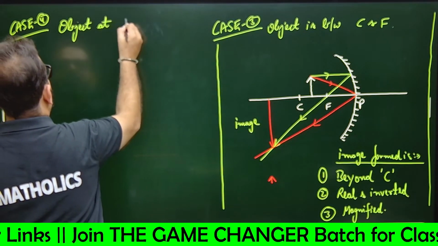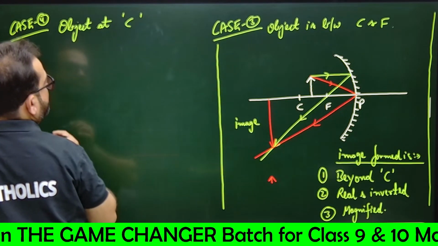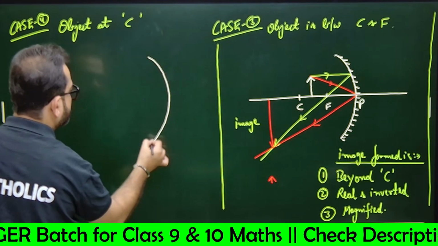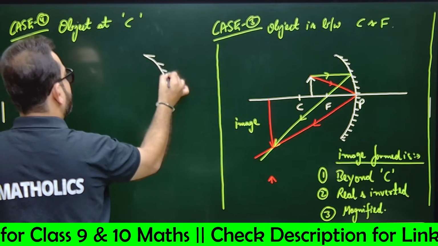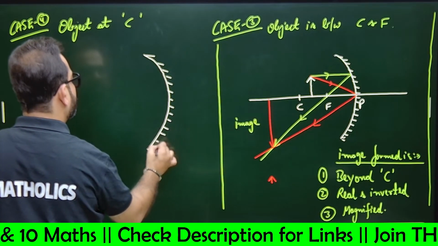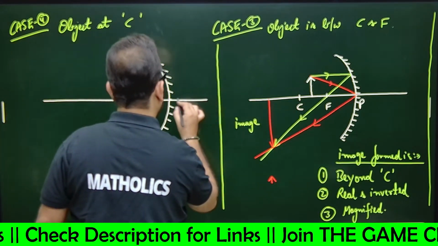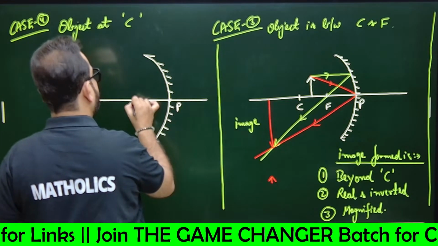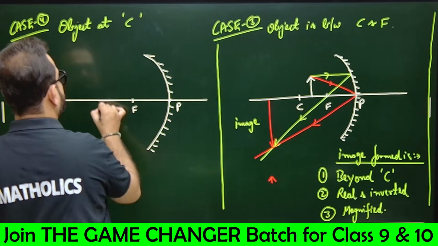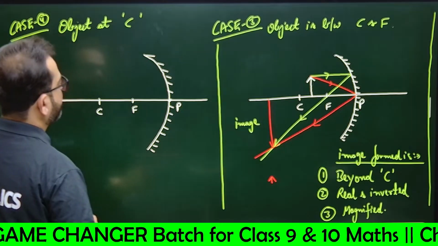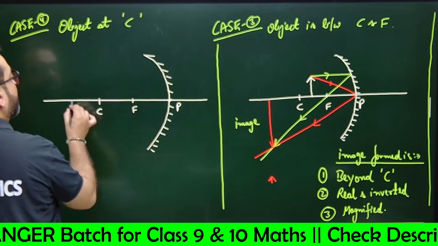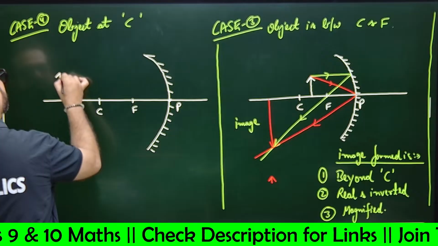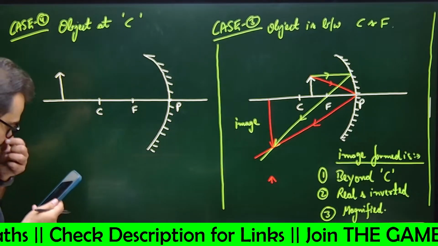Object at C, center of curvature. So again we'll make this mirror. See, the diagram must be super perfect. If the diagram is not perfect, you are not going to get marks. This is pole, this is focus, this is center of curvature. Now where is the object placed? Say here the object is placed.